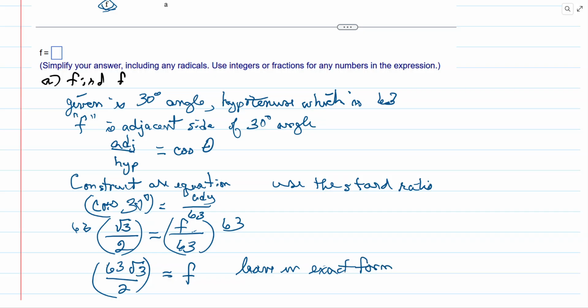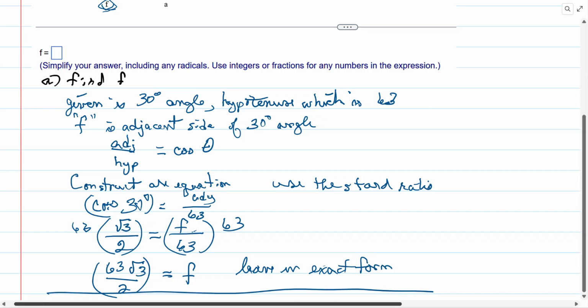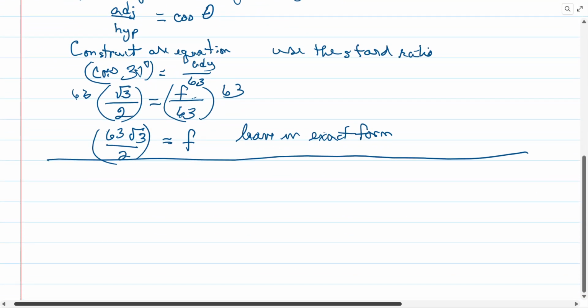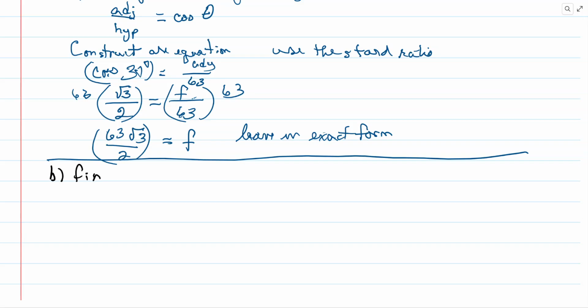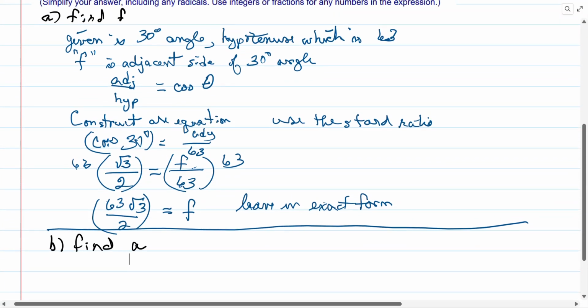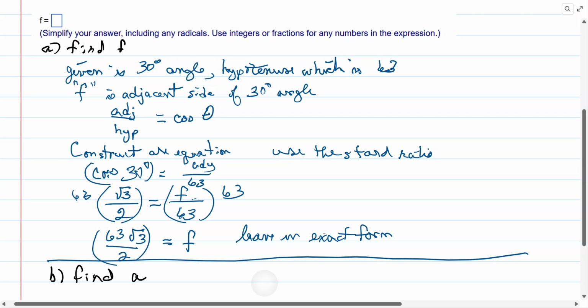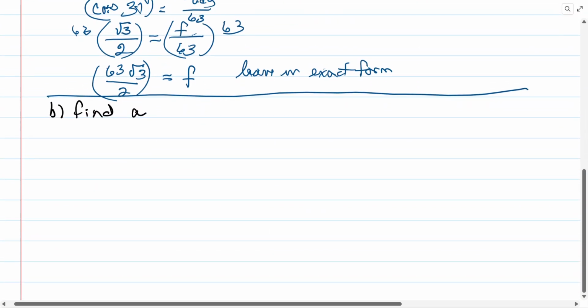Now remember, in the video I state always use what's given. Well, if we did F, what is A then? If we're going to find A, we know that our reference angle is 30, and our hypotenuse is 63.